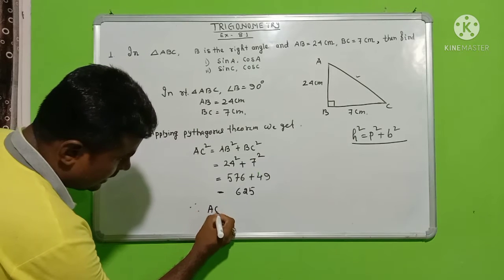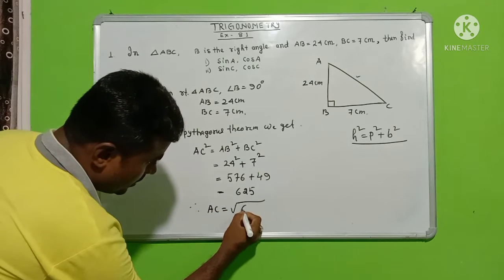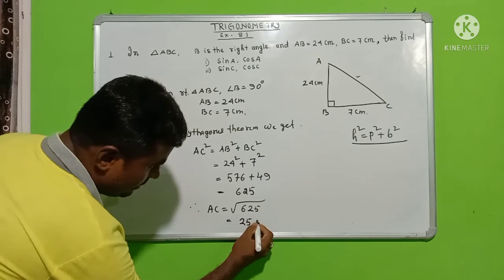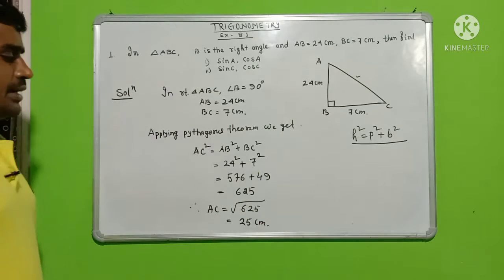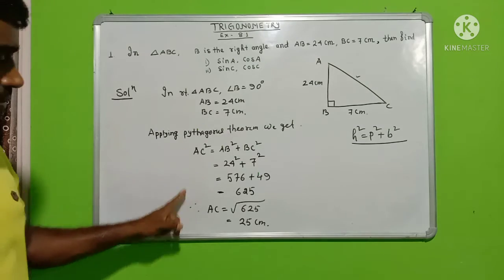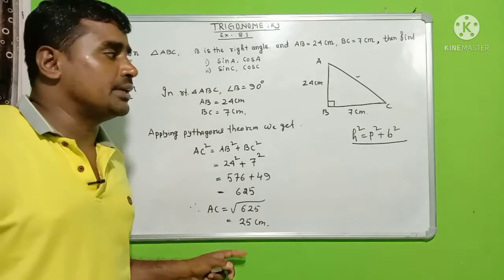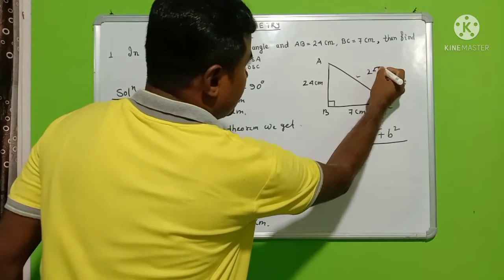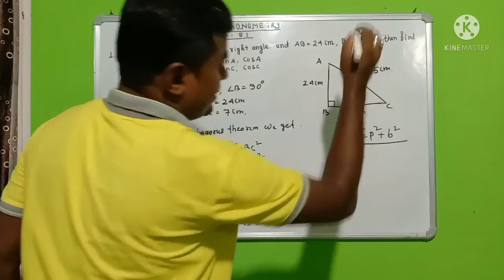Therefore AC equal to square root 625, and it is 25 centimeter. Here we write 25 centimeter, not 24.